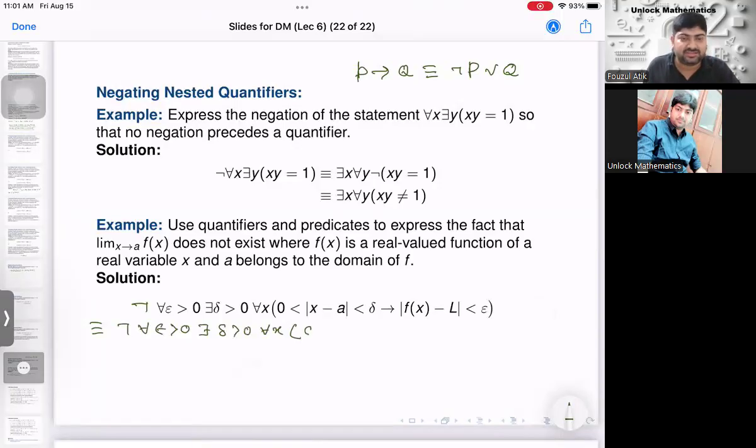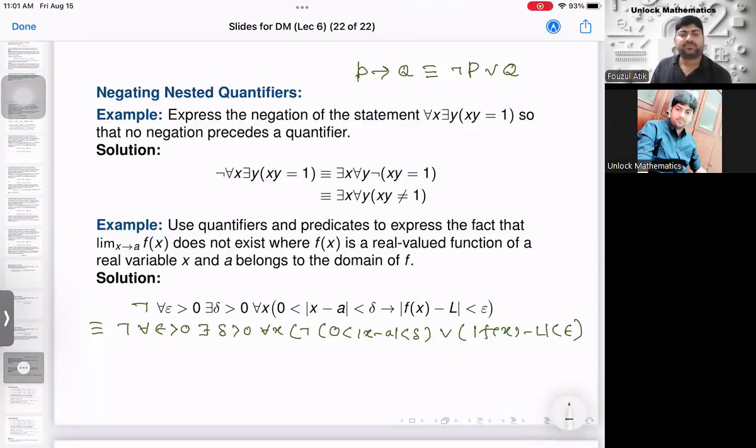Because P imply Q is equivalent to not of P or Q. So this is not of the inside portion, 0 less than mod x minus a less than delta. Then imply will become or: not of this, or Q. Q is whatever we had as it is, so mod of f(x) minus L is less than epsilon. Done. So I just have worked on the inside portion.